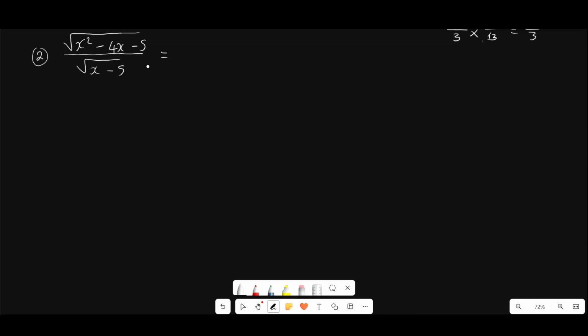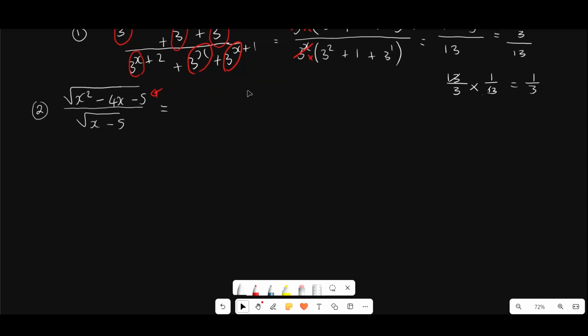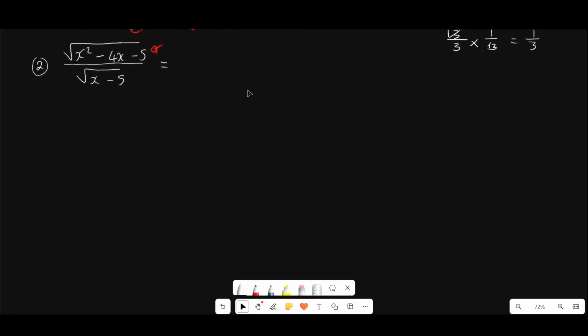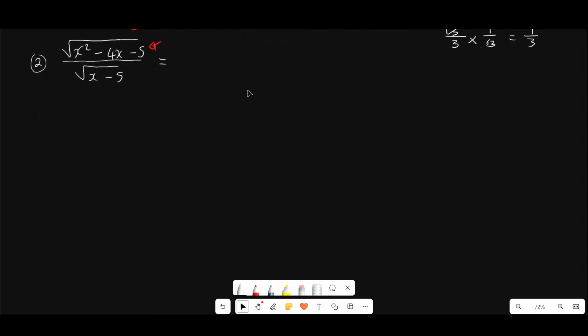So here we notice that this is a quadratic expression, so that means that I can simplify. Remember that here the question says to simplify completely, right? You're not solving anything, you are simplifying completely.